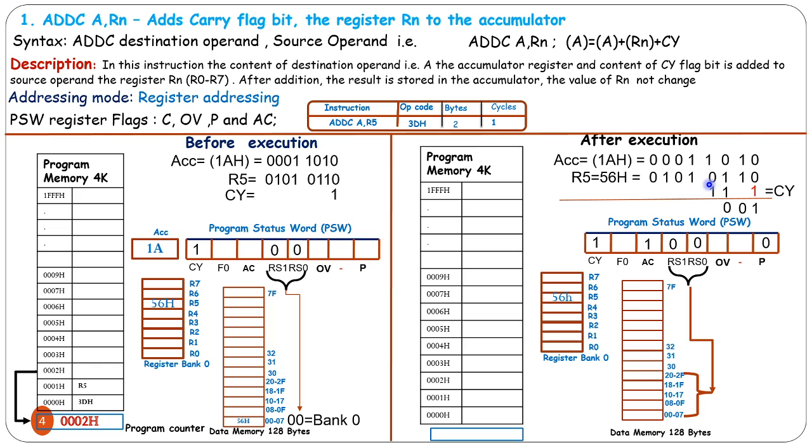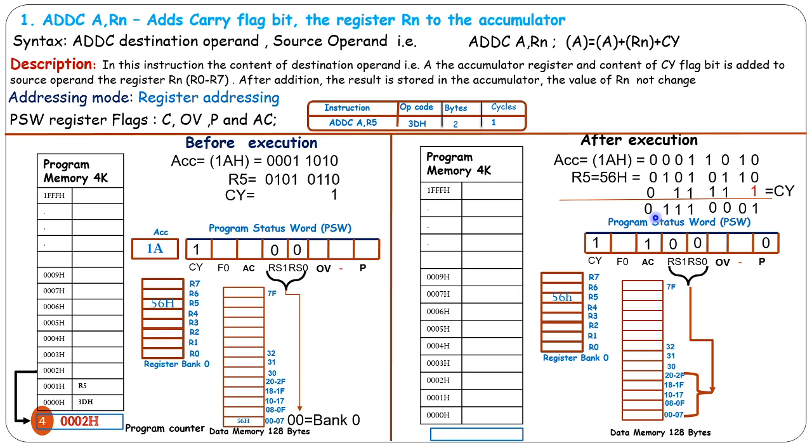Then 1 plus 0 plus 1, sum is 0, carry is 1. Again 1 plus 1 plus 1, sum is 1, carry is 1. Then 0 plus 0 plus 1, sum is 1, carry is 0. Then 0 plus 1 is added and the sum is 1, and the top bit is 0.